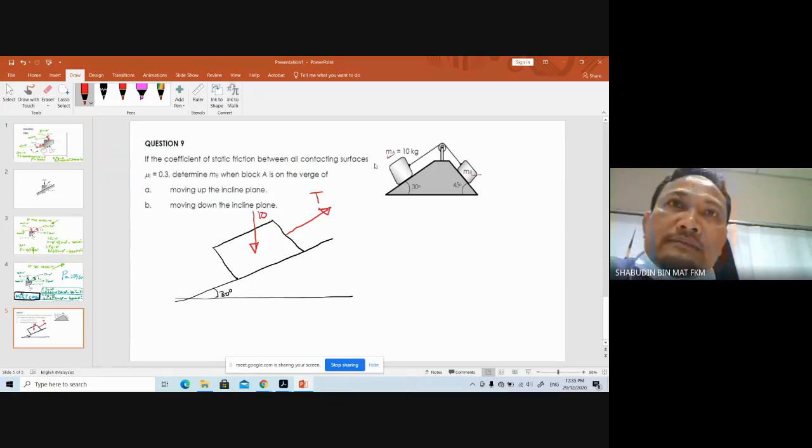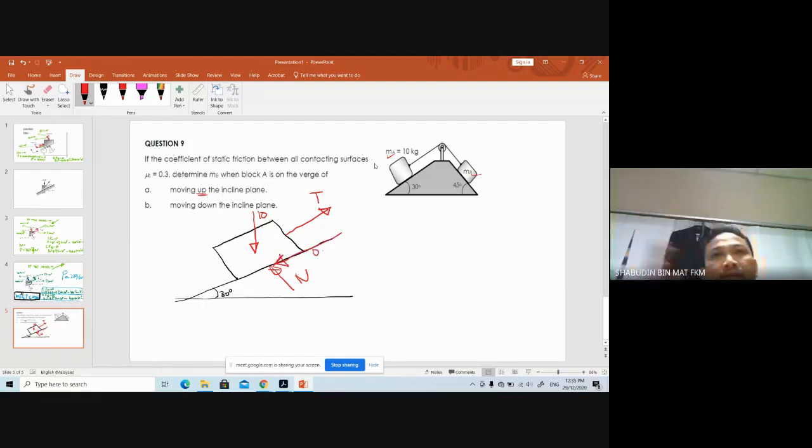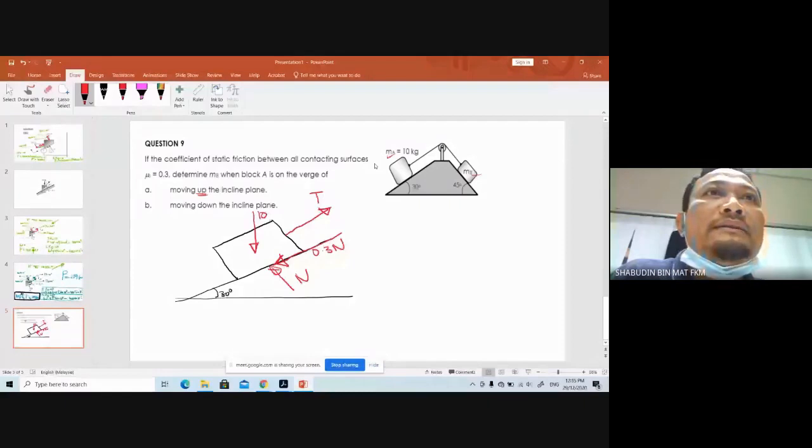Then you have the normal force. Since it is moving up the incline, you have friction going down, equal to 0.3 N.